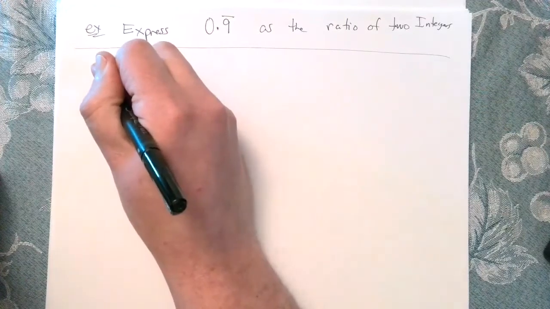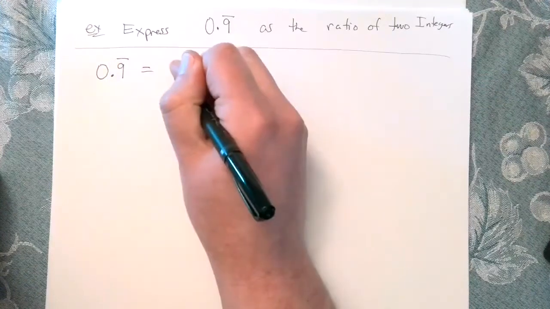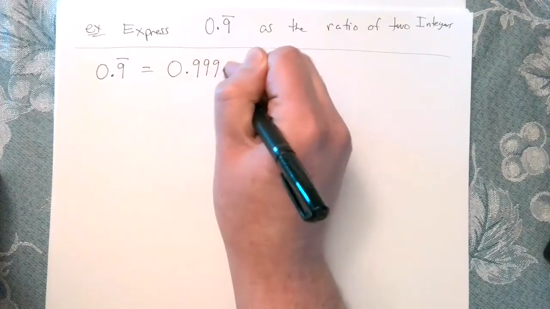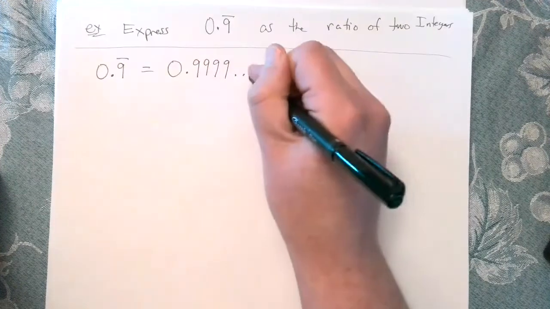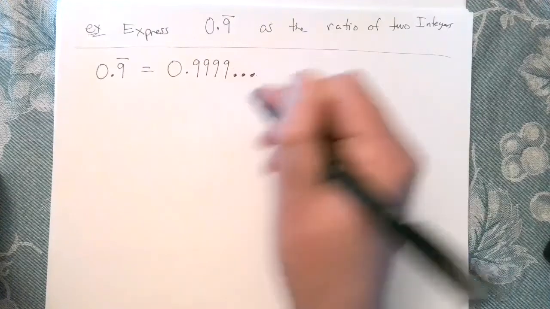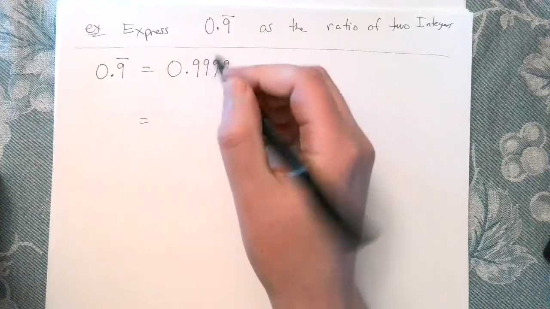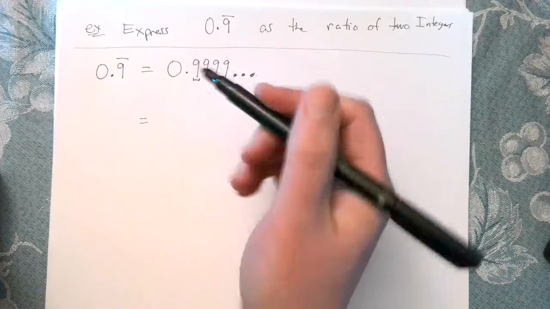So the first thing we want to do is remember what we mean by this notation. So 0.9 repeating is equal to 0.9999, etc. But we're going to deal with this, again, with place value. And so the repetition seems to stop here. So here, this is at least one piece of the repetition.